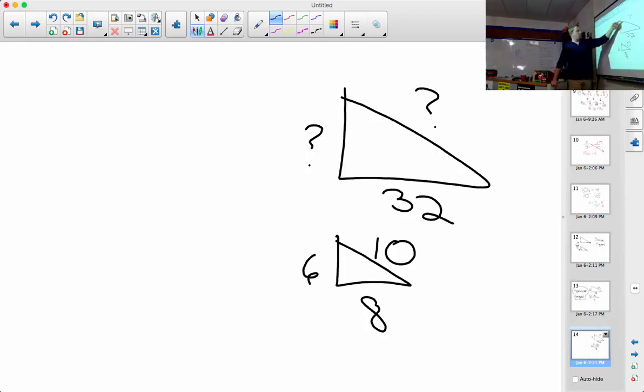So this one is going to be how much larger than this one? If I'm dividing by 8 and I get 4, this one's how much larger? Yeah, 4 times larger. So what would I do then with this information to find these two sides? Gretchen. Okay, that's excellent.